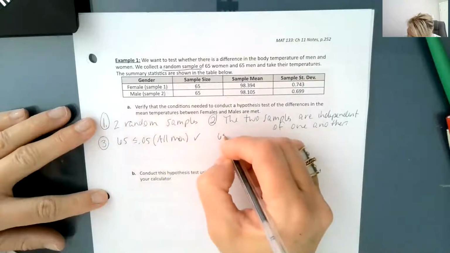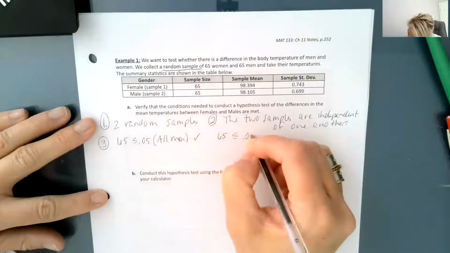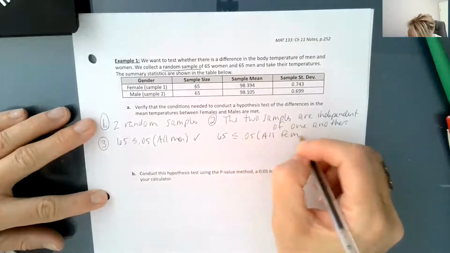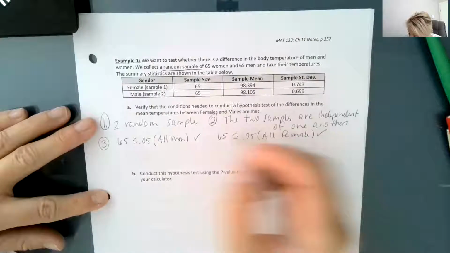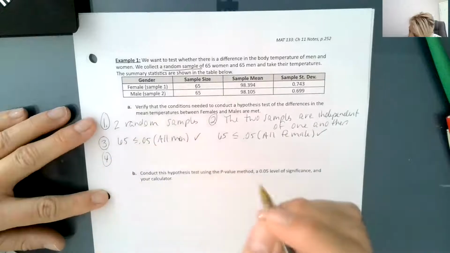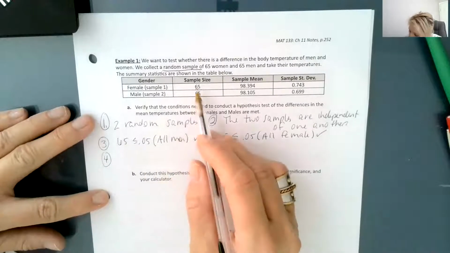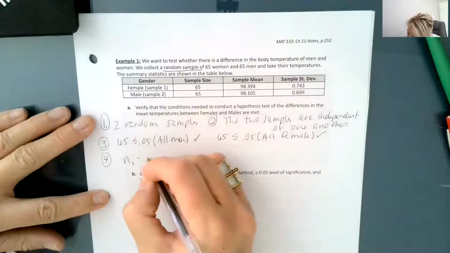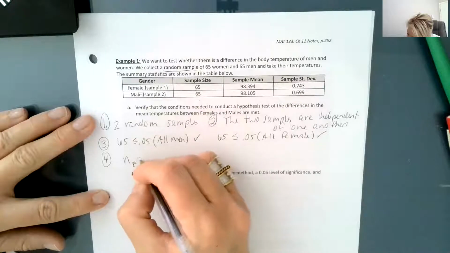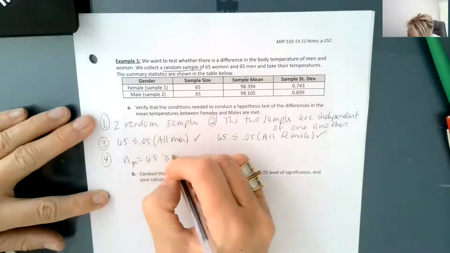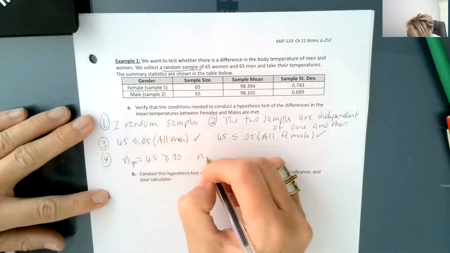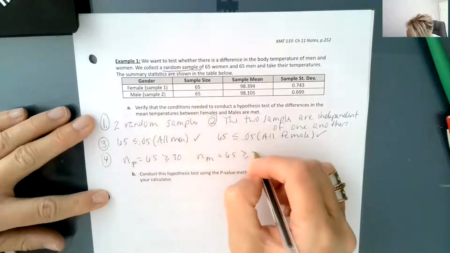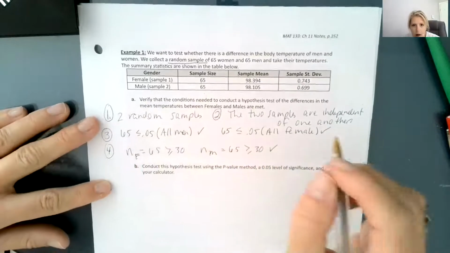And then 65 is less than or equal to 5% of all females. That's safe to say on that one. And then the fourth one is that our sample sizes are big enough. The sample size of the females is 65, and that's greater than or equal to 30. And the sample size of the males is 65, and that's also greater than or equal to 30. So those have all been met.